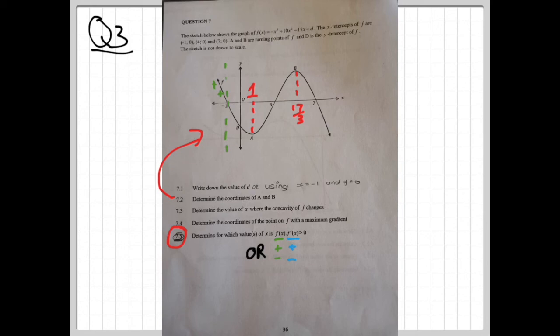Then my graph dips below the x-axis and it becomes negative all the way up to 4. After 4, it goes again above the x-axis, so my y values are positives until I hit 7. Then it dips below the x-axis again. So therefore, I've got negatives there. Now I've interpreted my y values.